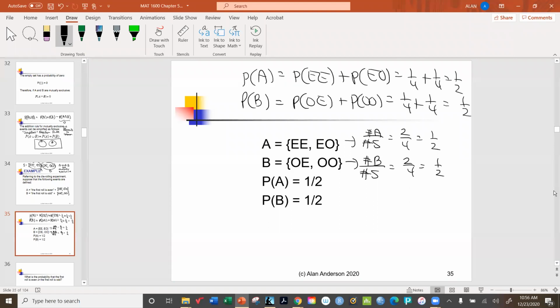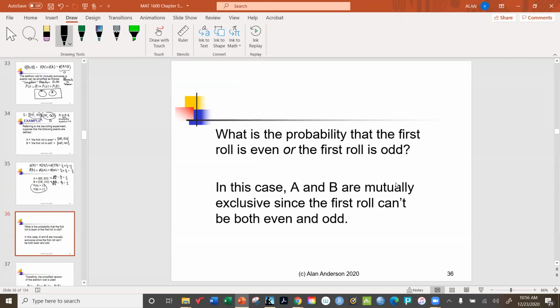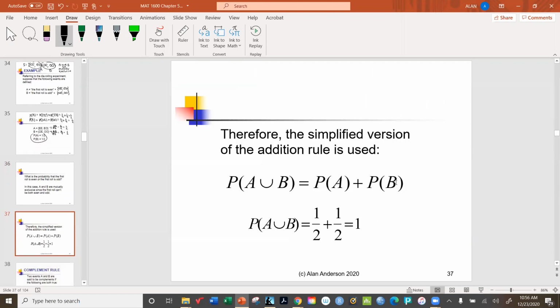Okay, any way you look at it, these probabilities are a half and a half. So when you combine these into a union, what you're going to get, interestingly enough, is a probability of 1, but let's see why.